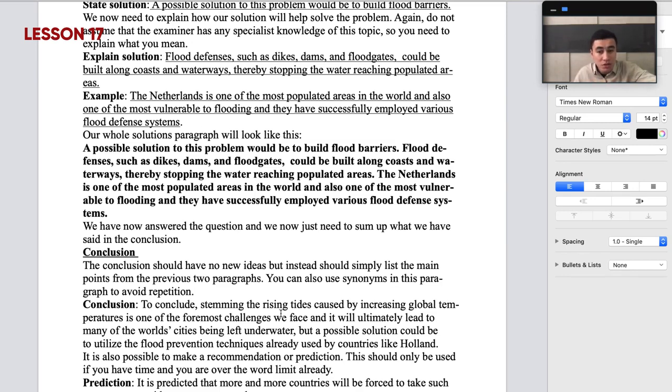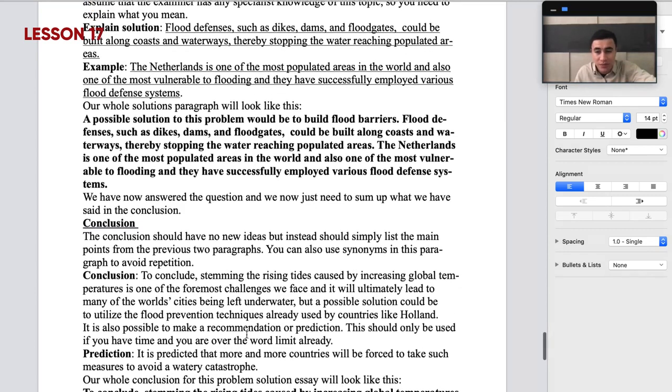This should only be used if you have time and you are not over the word limit already. So, in a perfect world, this is going to be enough to finish your conclusion. But if you have some time, you can add some prediction.